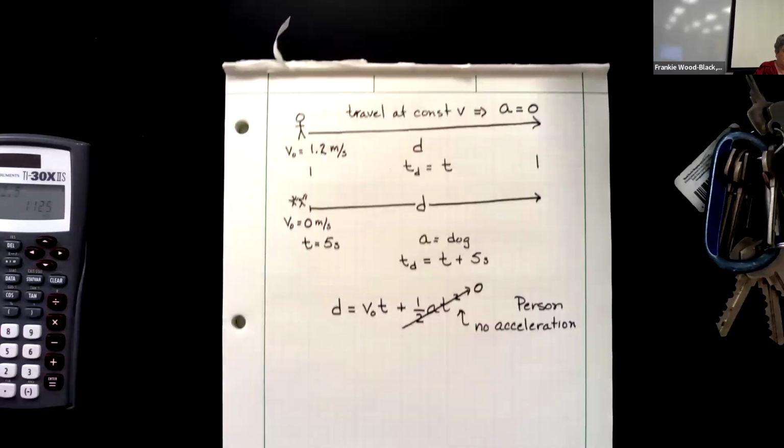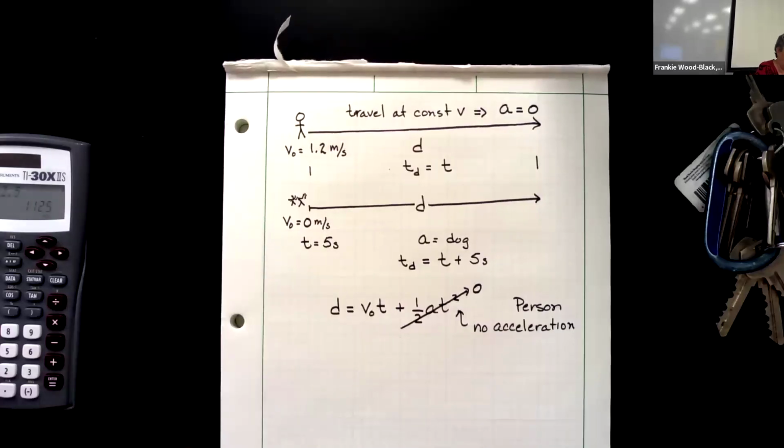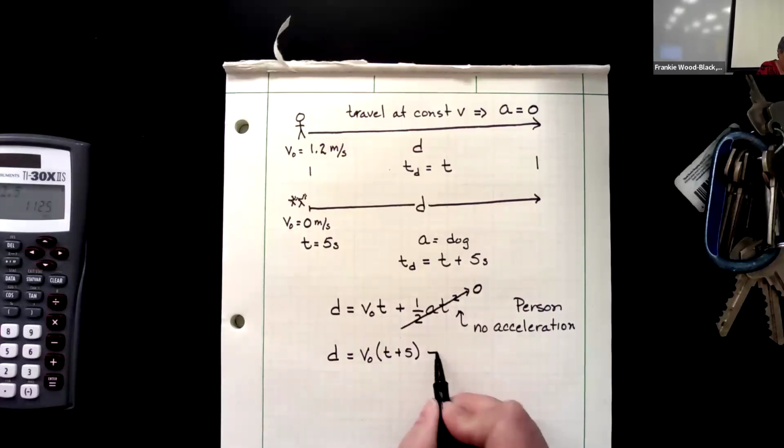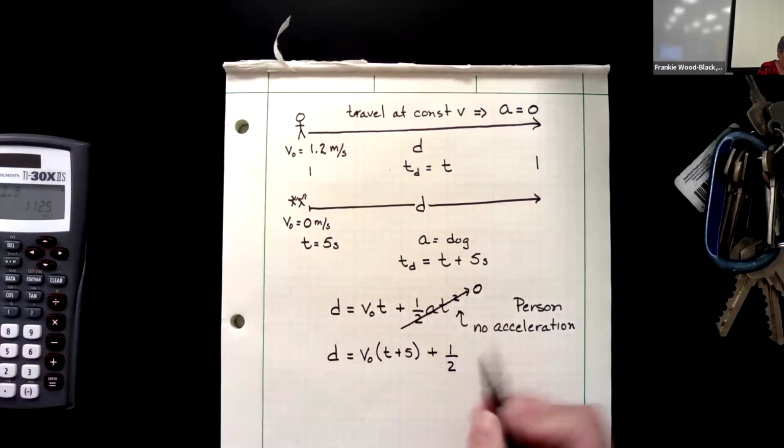For the dog, I have a distance D equal to initial velocity times time plus 5 seconds, plus 1/2 my acceleration times time plus 5 seconds squared.